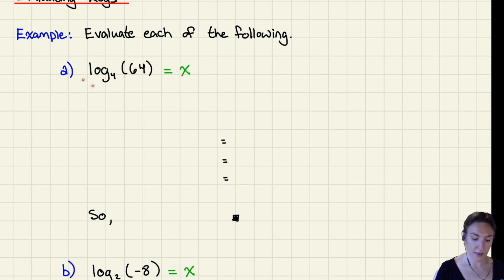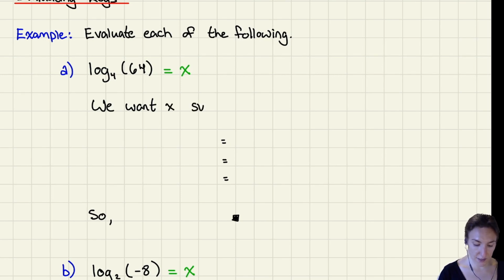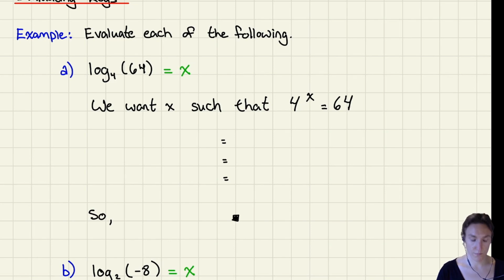I'm saying that whatever that number is, I don't know, but I'm saying that it's going to be equal to some x. And what do we want to solve? We want this value x such that I take the base 4 to the power of x, and then whatever that is, I want it to be equal to 64.